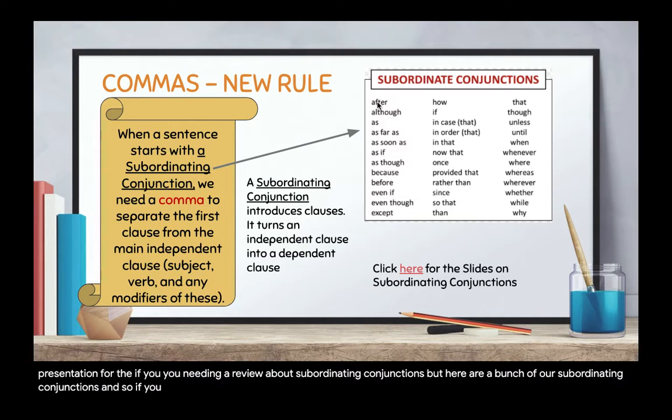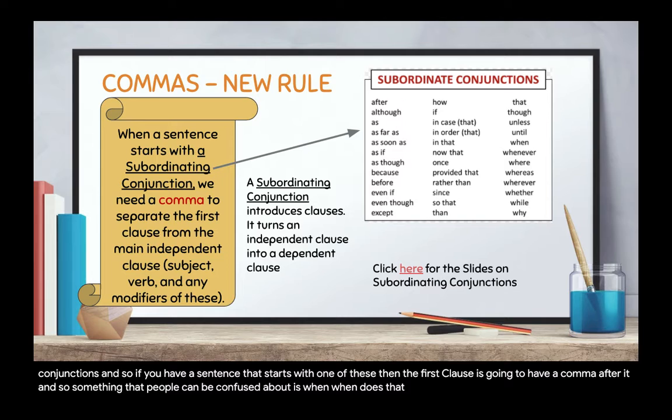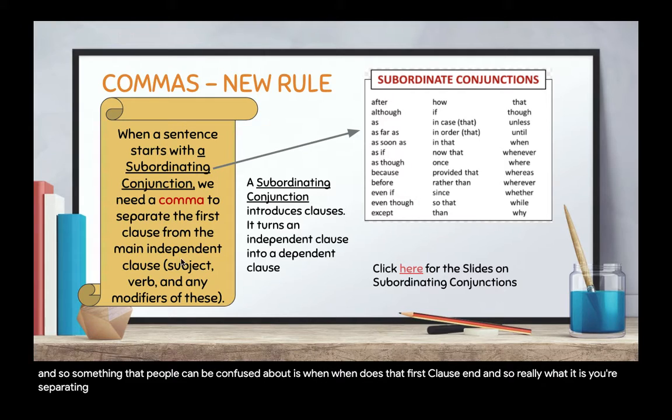And so if you have a sentence that starts with one of these, then the first clause is going to have a comma after it. Something that people can be confused about is when does that first clause end? Really what you're doing is separating the first clause from the main independent clause.